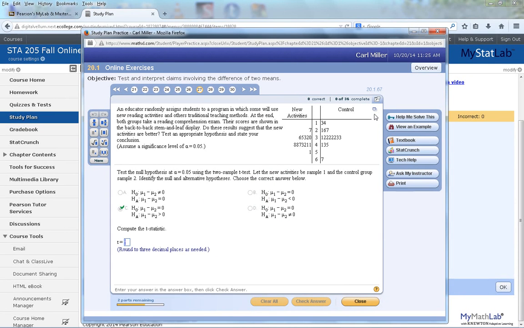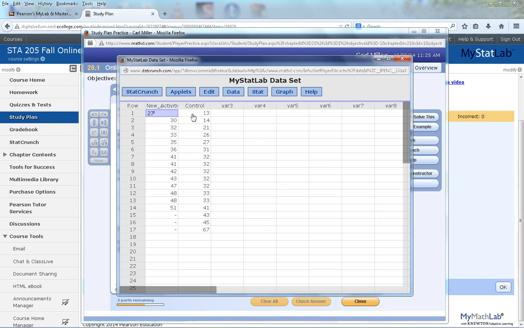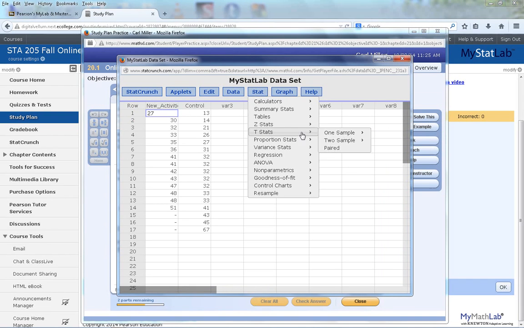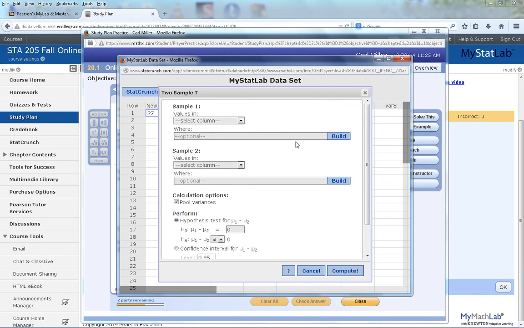Okay, so this is where I'm going to go to StatCrunch. I'm going to open in StatCrunch. So I've got the new and then the control group. So what I want to do is go to stat, t-stats, two sample, because I've got 2 groups. And this time I'm going to do with data, because I don't have the summary information like means and standard deviations and sample sizes, but I've got the individual measurements.